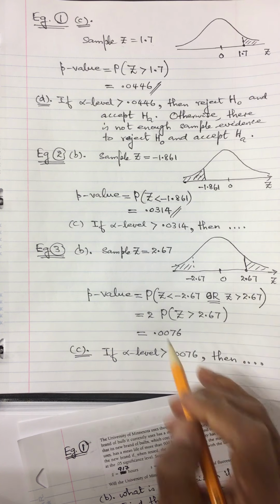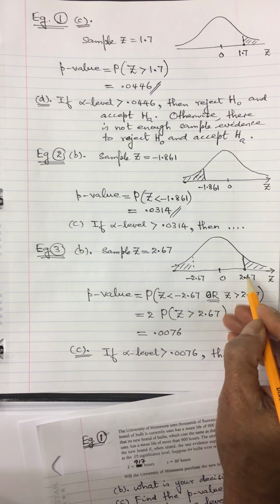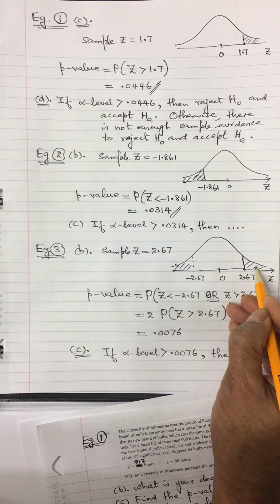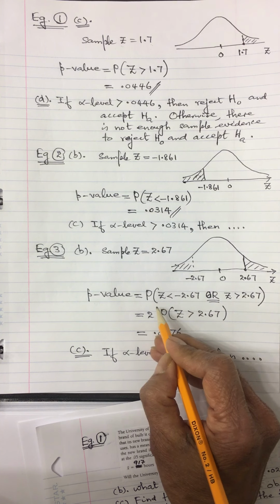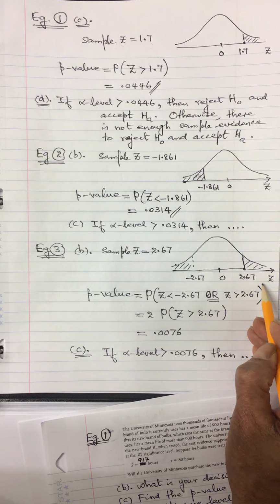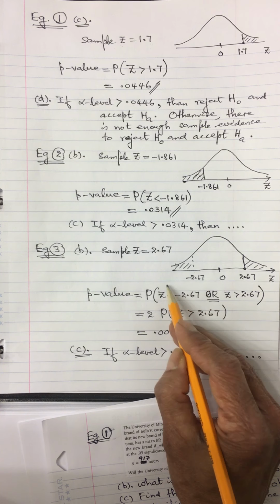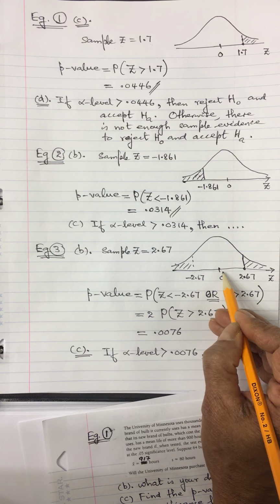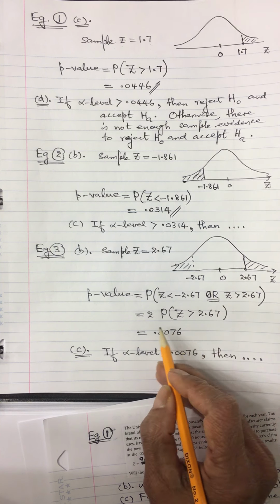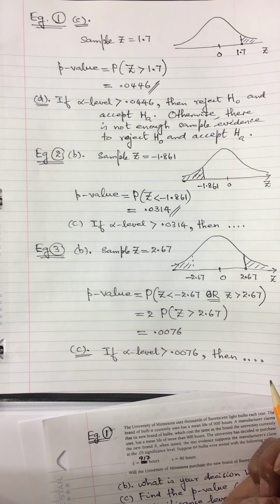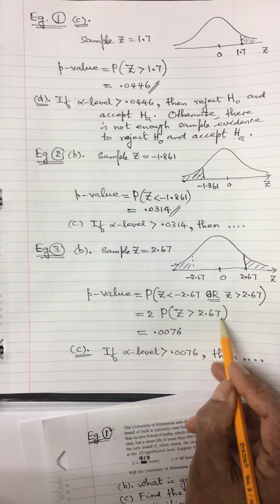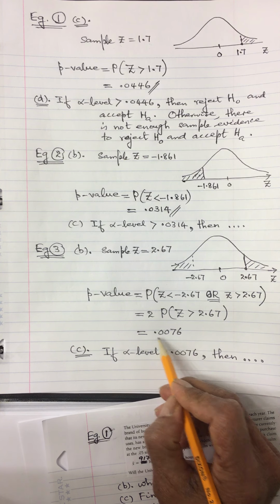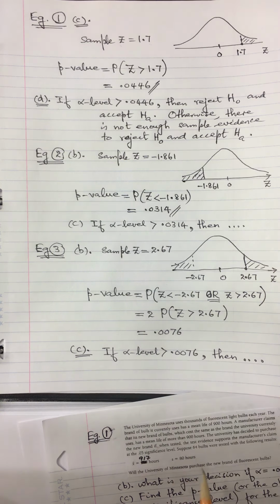When you try to figure out the p-value, you need to figure out both shaded areas. Either the z value is less than this negative value or more than that. Since this is symmetric around 0, it is going to be 2 times that. From the z-table, figure out this. That is going to be 0.0076.